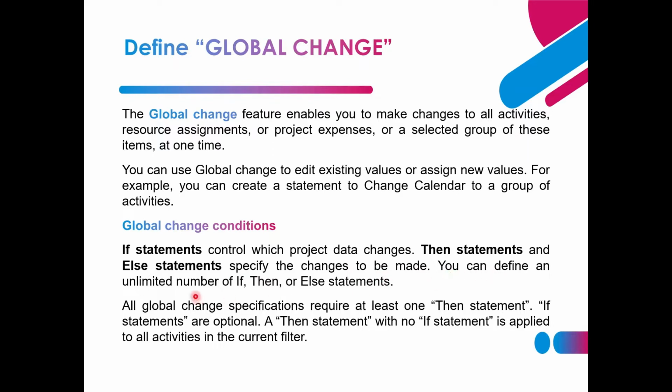You can define an unlimited number of if, then, and else statements. All global change specifications require at least one then statement. If statements are optional. A then statement with no if statement is applied to all activities in the current filter.